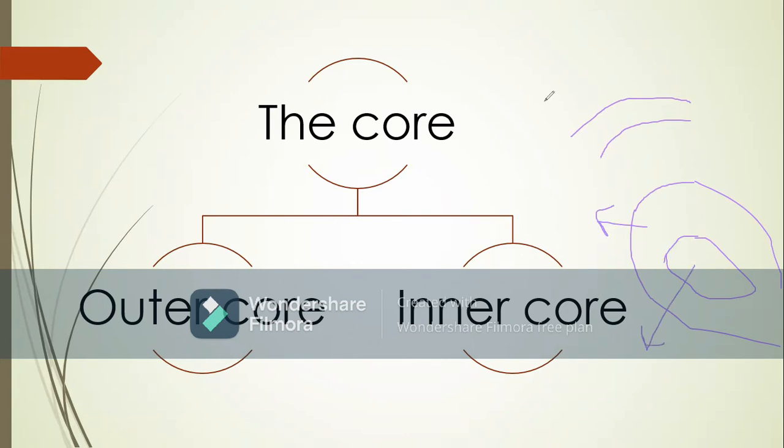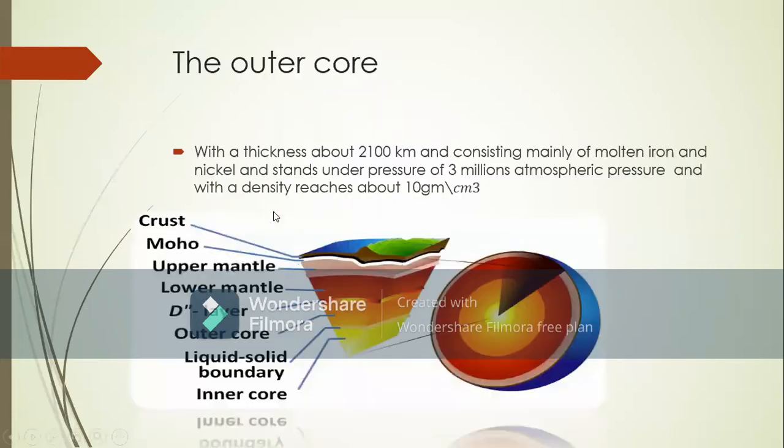The outer core has a thickness of about 2,100 kilometers and consists mainly of molten iron.